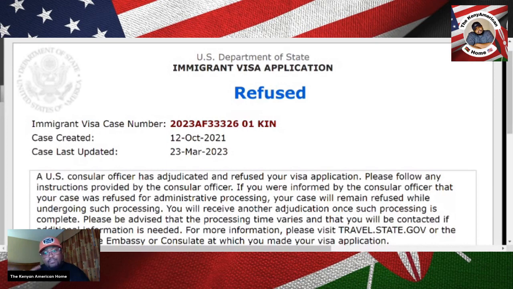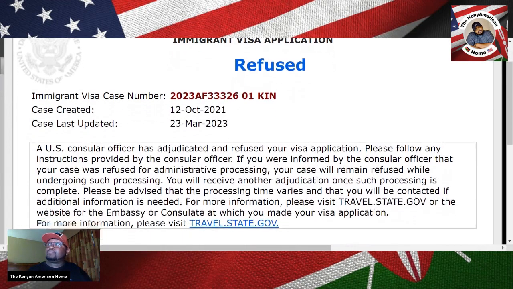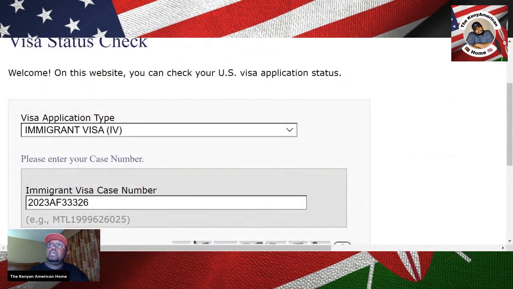So be very careful, make sure you complete your DS-260 fully so that you don't delay your process. This is Kinshasa, Democratic Republic of Congo, DRC. Is it Kinshasa or Kinshasa? Tongue twister.